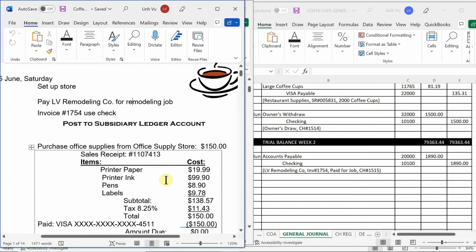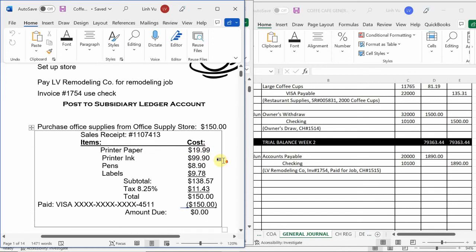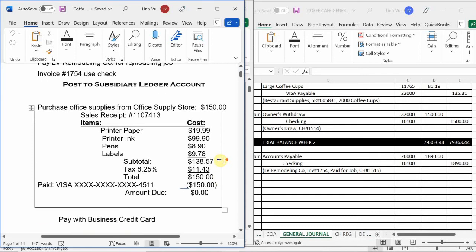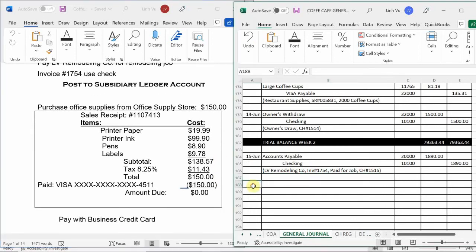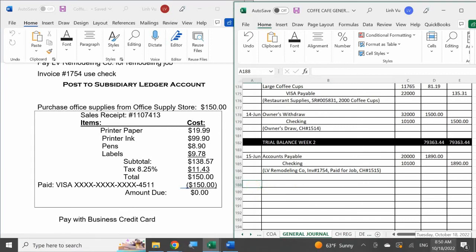We purchase office supplies from the office supplies store for $150. Here's your receipt, and you used your business credit card to pay for it. We'll be doing office supplies and Visa payable.